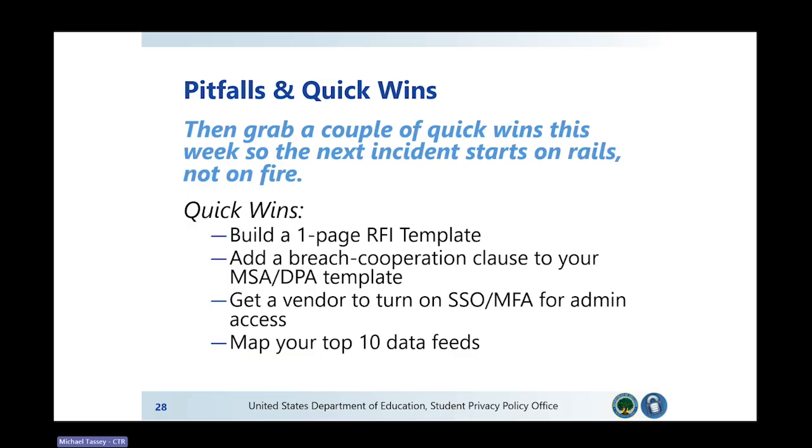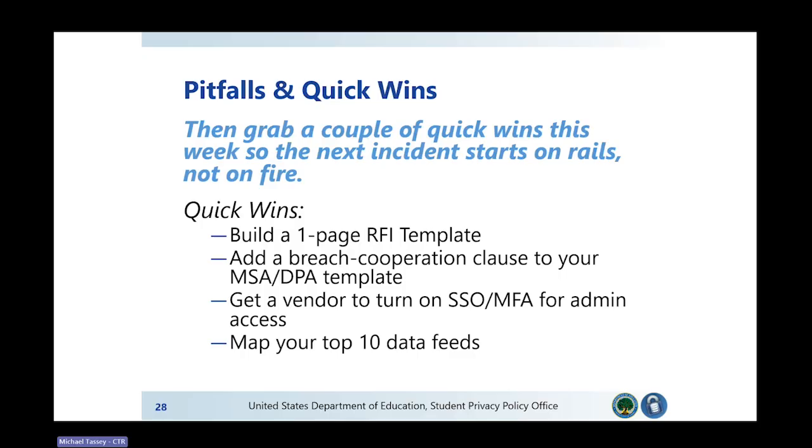In the written agreement with those vendors, make sure they say, yeah, we're going to work with you around any potential breaches or incidents. Turn on your SSO, single sign-on, or multi-factor authentication for admin access on your top 5 vendors, right? Kill shared support accounts to the degree that you can.